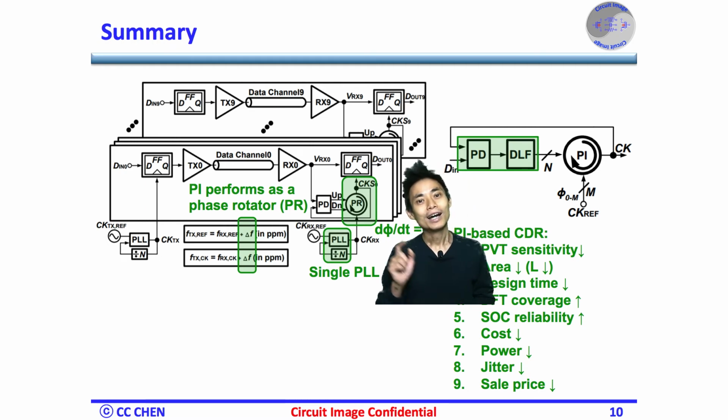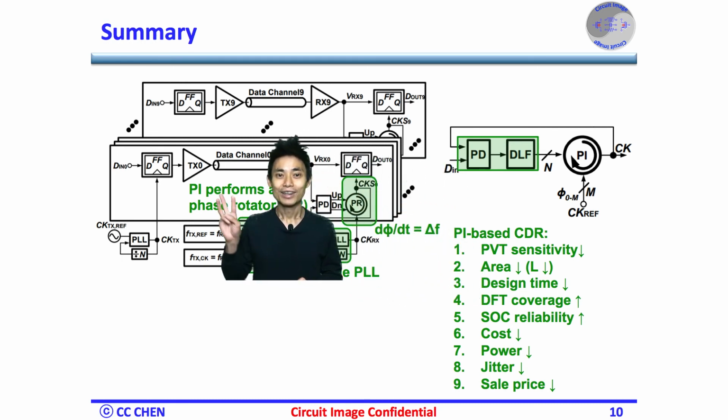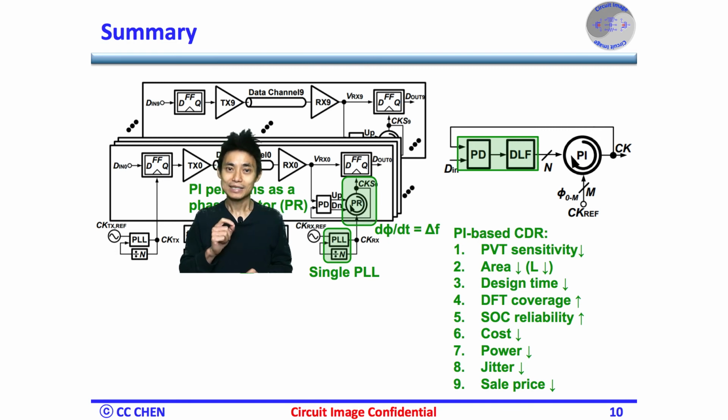In addition, the PI-based CDR also provides input reference clock's jitter filtering, no jitter accumulation, a more stable system, a low acquisition time, and no jitter peaking at the same time if the loop latency is little. Third, the PI-based CDR can operate over a wide range of data rate with a certain allowable frequency offset between the TX and the RX.